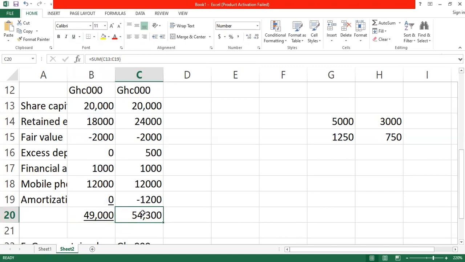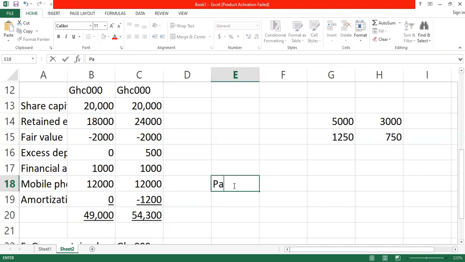Net asset at acquisition is 49,000. At reporting it is 54,300. The difference is 5,300. So the difference is the post-acquisition profit for the year, which we are going to share among the NCI and then the parent. So the difference between the reporting and the acquisition is the profit for the year.